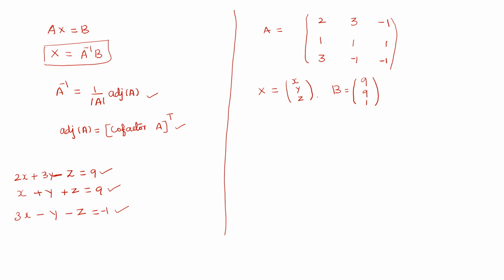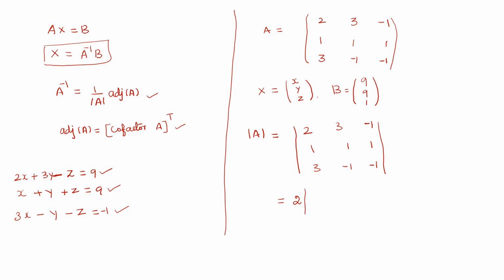So first we find the determinant of A. The determinant of A is, you may write in determinant form, 2, 3, -1, 1, 1, 1, 3, -1, -1. So the determinant of A you may expand using minor matrices. I take the 2. Now I omit the first row and first column.